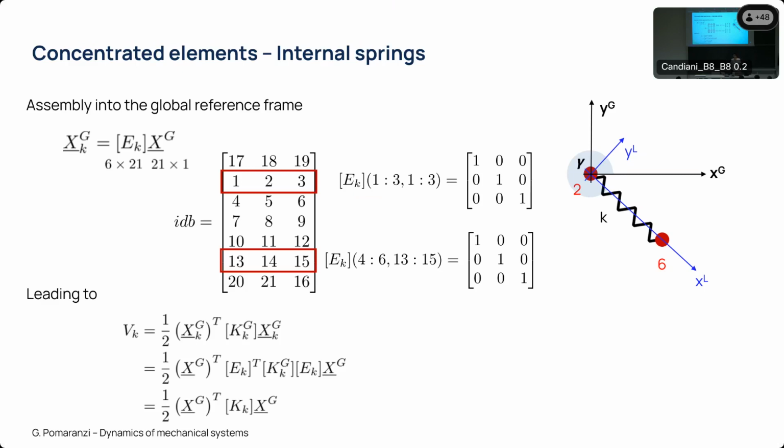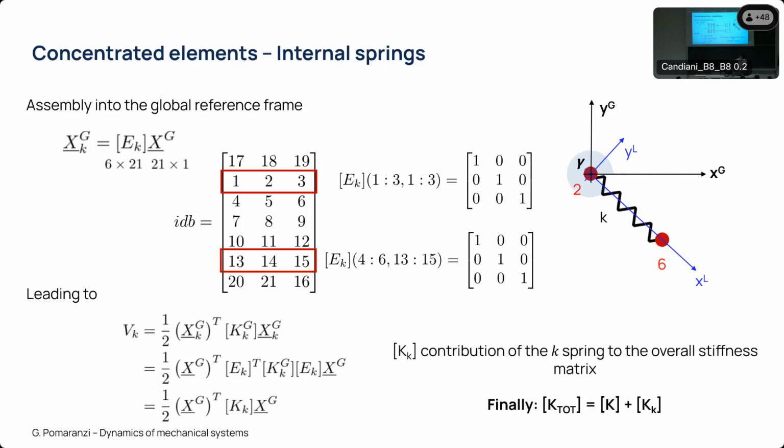If you think about it, it's a block scheme. You have the extraction matrix, the rotation matrix, the stiffness matrix of that specific element in its local coordinates, and then two other matrices which are just transposed to return into the global coordinates. In the end, we just sum the new stiffness matrix of that spring in the global coordinates of our structure to the stiffness matrix you already obtained from your computations.